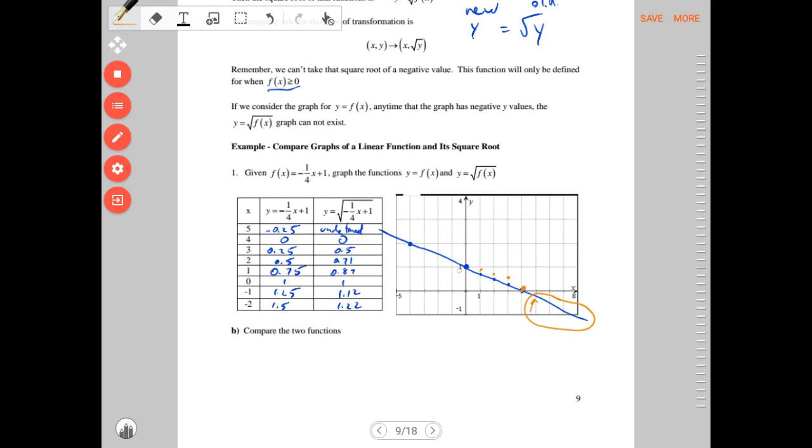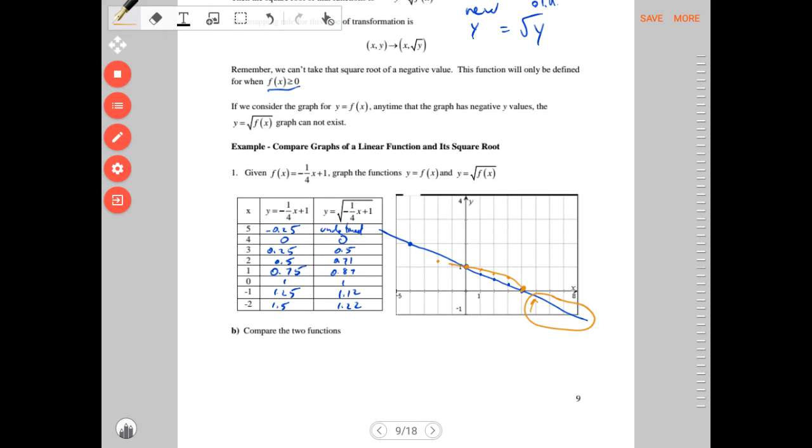At 0, it's 1. Oh, look, there are two intersection points here. And then at negative 1, we were at 1.12, so that's down here somewhere, and then 1.22 is about there. So if we connect the dots here, let's see how steady my hand is.